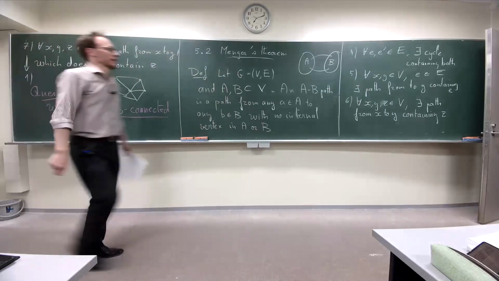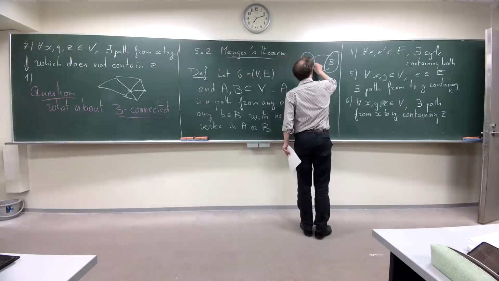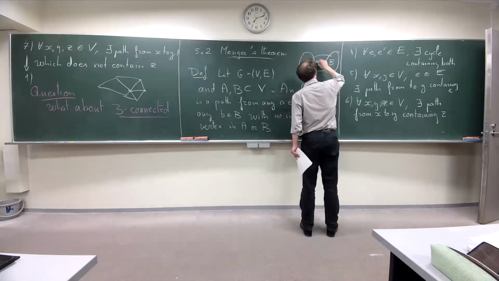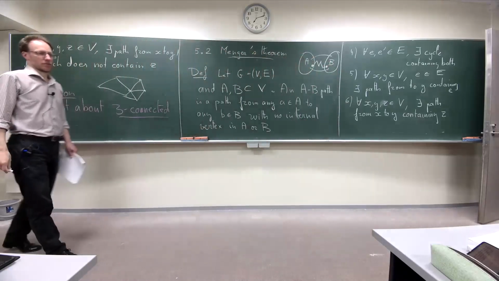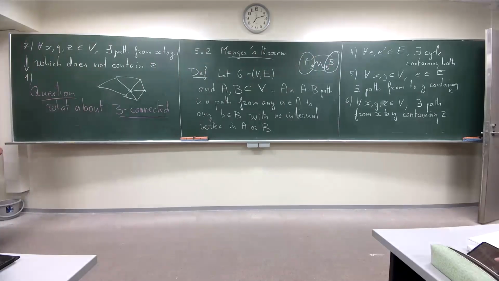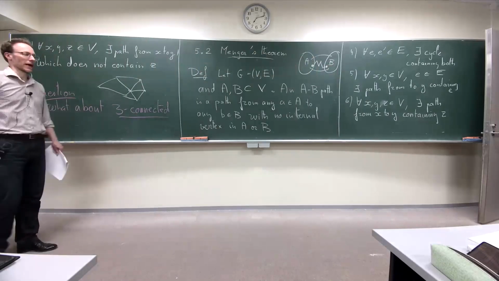Take any point in A, take any point in B. This is an AB path. A path from any point in A to any point in B with no other vertex inside A or B.